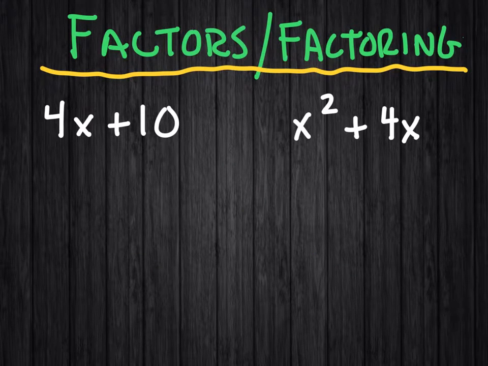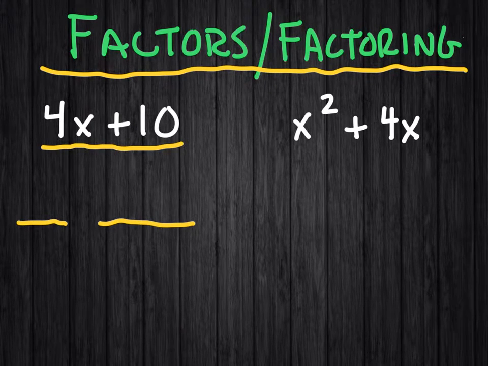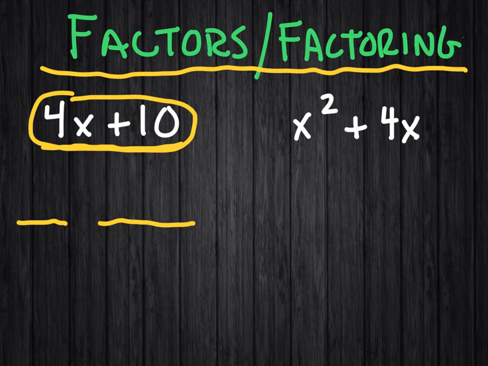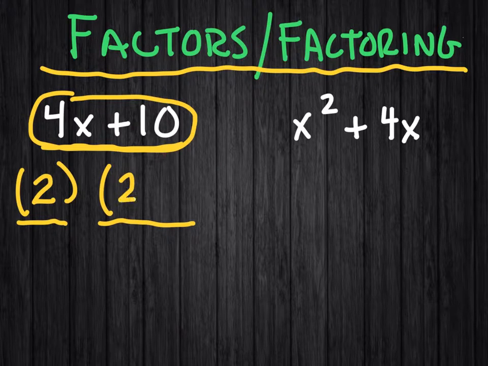So this is a little trickier because it's not just one item. There are two items here. So we would be looking for two things that if you multiplied them together, you would get 4x plus 10. Now this might take a little bit of thought, but if we pulled out, let's say, a 2 as one of the factors and divided it into 4x, you'd have 2x plus 5.